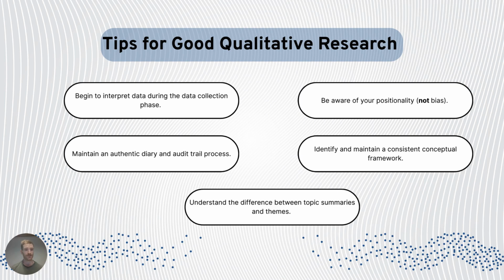Through documenting this and reflecting on this, you can work to avoid making assumptions where they don't necessarily fit. So maintain that authentic diary, and an audit trail process, which is the process of recording the decisions that you've made.